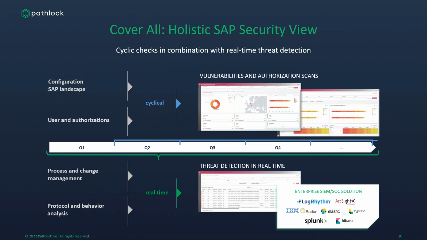If you put it together, you can establish a vulnerability scan which combines the cyclic scan, which is daily, weekly, monthly, quarterly, where you can control the system, where you can focus on the IT general controls, extended controls, whatever policy requirements you have based on your business, in combination with the real-time observation of the system logs, security log, transport logs, user change logs, whatever other changes you can imagine.